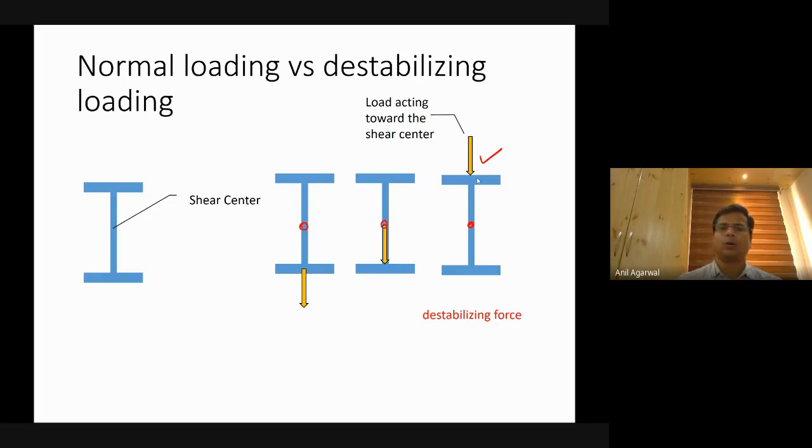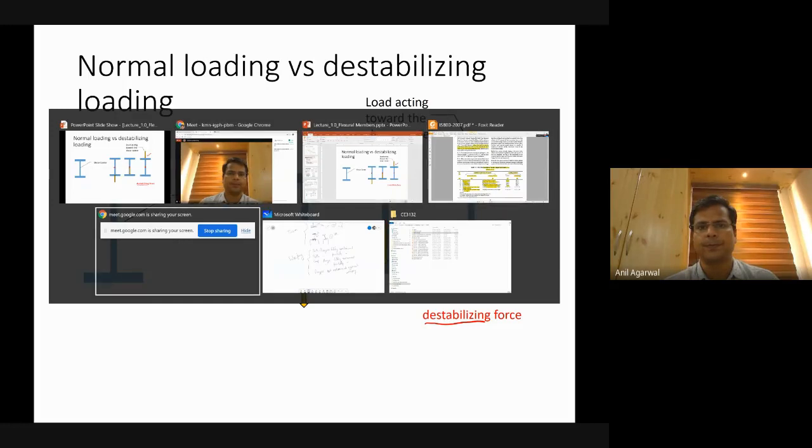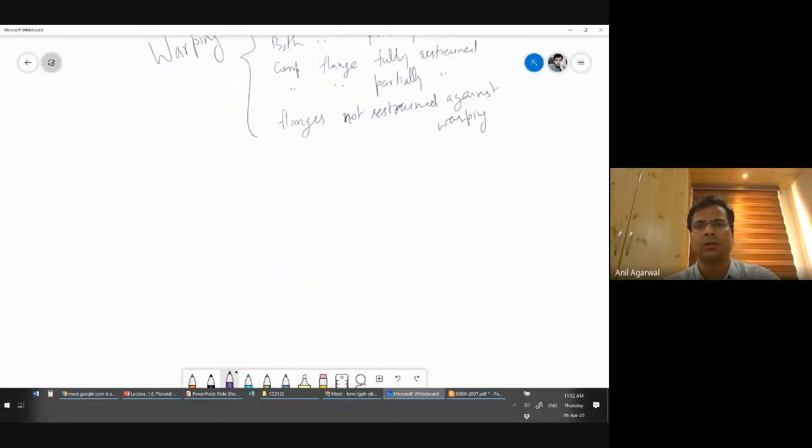All right. So see, you have to always look at the word destabilizing here and try to figure out how stability plays a role here, right? So we are talking about lateral torsional buckling. If you are talking about lateral torsional buckling, what is the deformed shape?